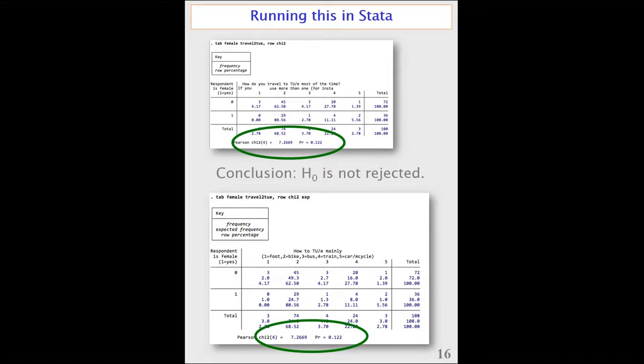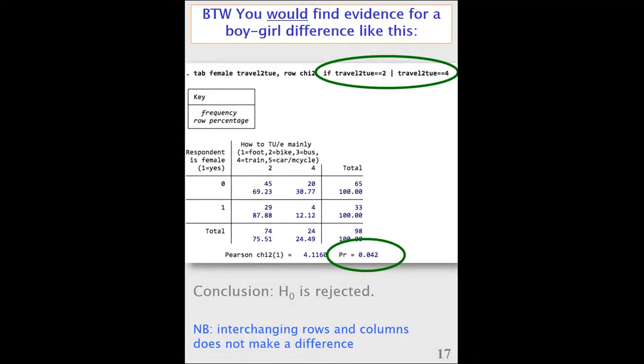That's easily possible through the same syntax by adding an if command behind the tab. All this is the same: tab female travel to TUE, row chi2, and then you add if travel to TUE equal to 2, where we once again need the double equal sign for value equal to. This is an or, and then travel to TUE double equal 4. Then you only get the two columns, bike versus train.